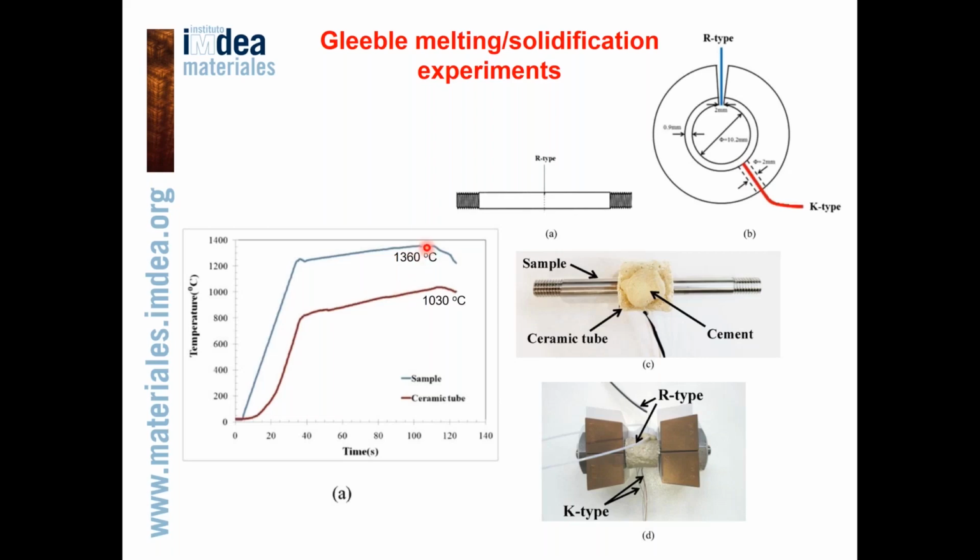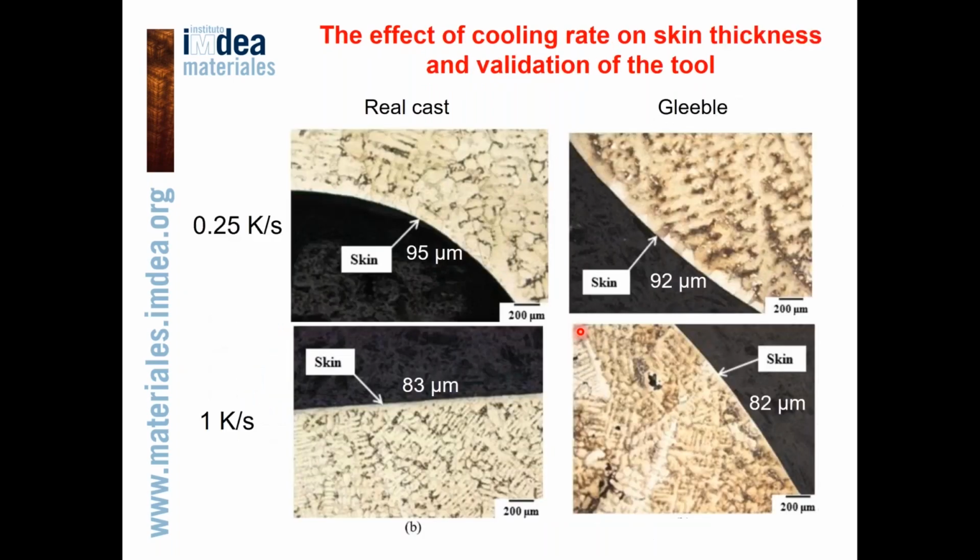Once the temperature of interest is reached in the ceramic tube, we allow the molten midsection of the sample to solidify, again in a well-controlled manner. In these experiments, they were cooled down with the same cooling rates, 0.25 and 1 degree per second. The processed samples are again cross-sectioned and characterized.